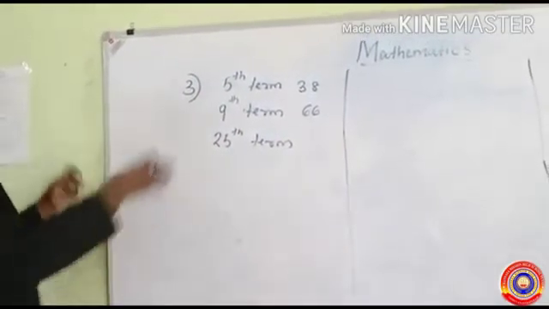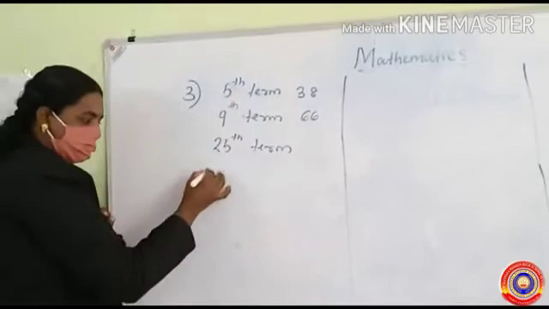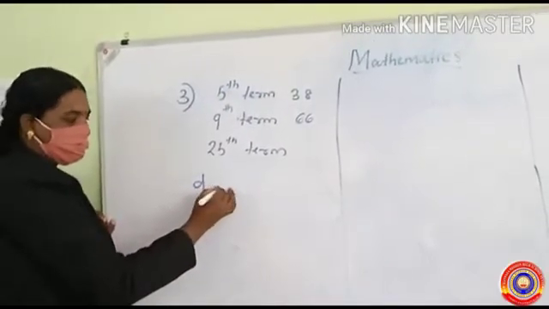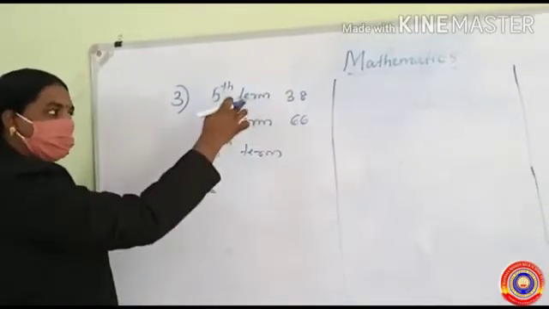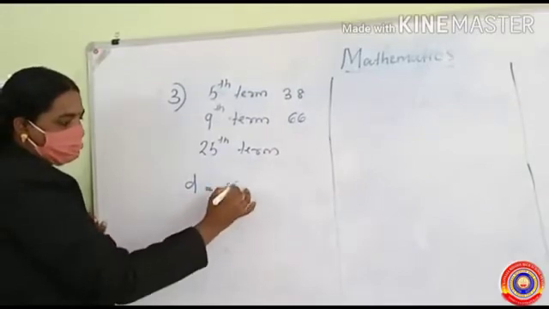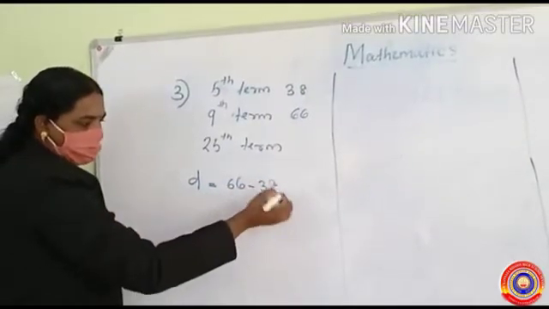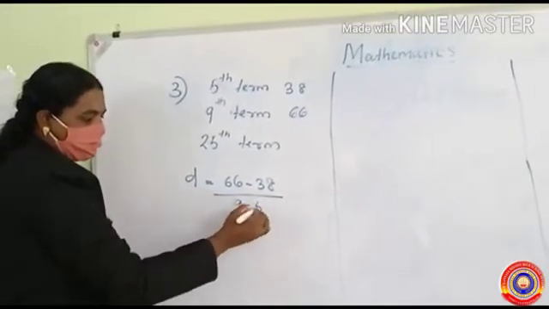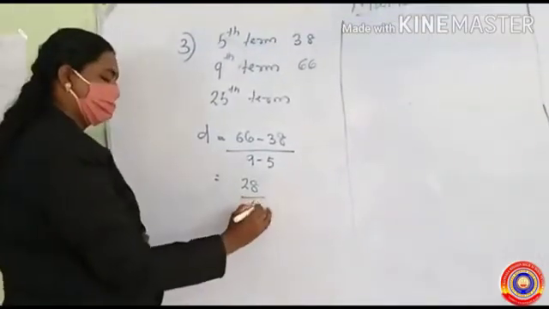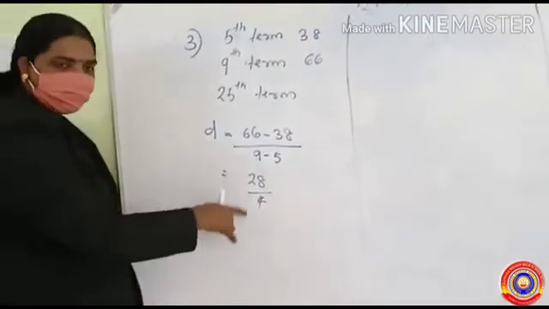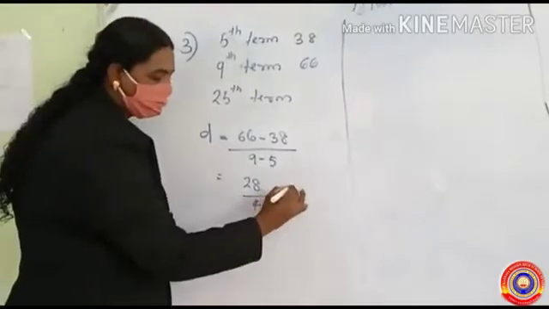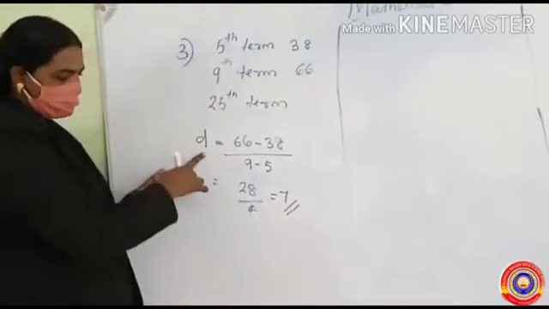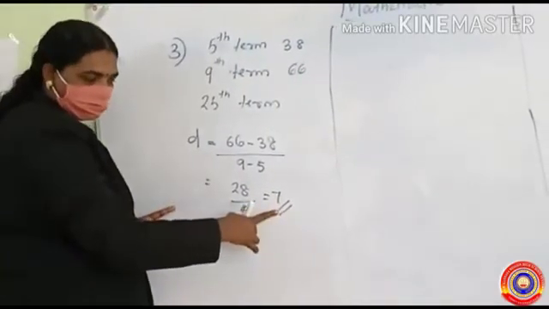Using the given terms, first we have to find the common difference. Common difference is equal to 66 minus 38 divided by 9 minus 5. That means term difference by position difference, and it is equal to 28 by 4, and it is equal to 7. So we got D as 7.